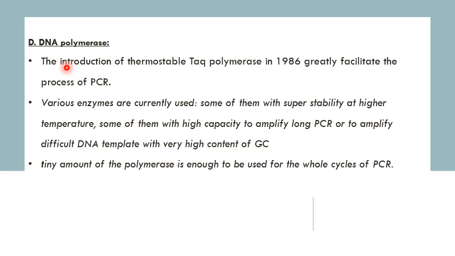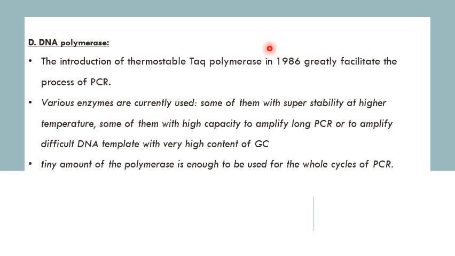Here it says that a minute or tiny amount of polymerase will be enough for the whole cycles, because it will just work. It will just add the nucleotides. It will not be consumed like the dNTPs. Once dNTPs are used for the extension step, they are consumed.